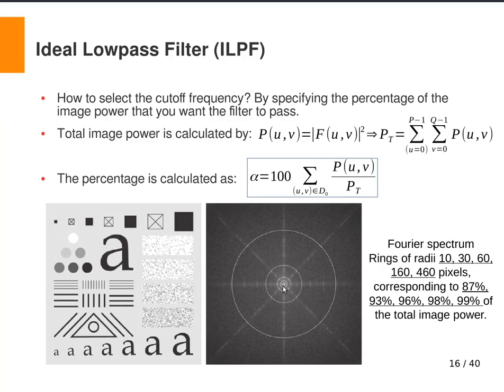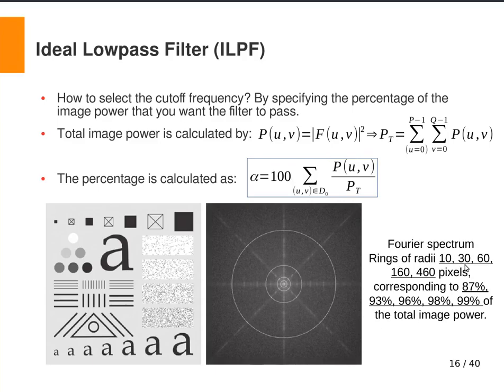So we have the smallest one with D0 being 10, then we have the next one with D0 being 30, then 60, then 160, and then 460. And if we calculate this percentage, when D0 is 10, we are basically passing 87% of the image power.